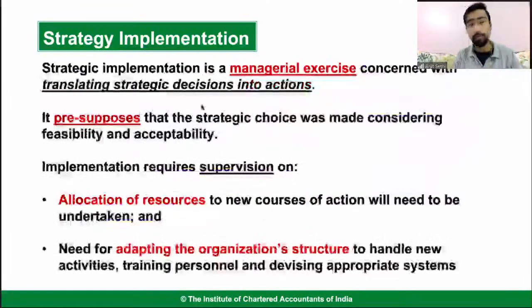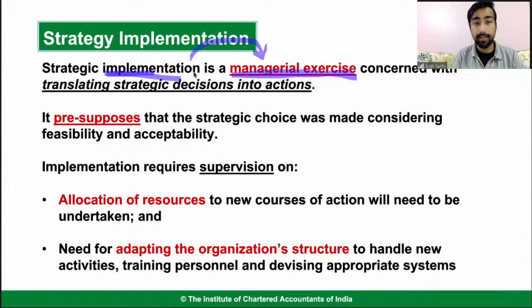Okay, cool. Now, strategy implementation is a managerial exercise. That means implementation is done by managers, right? Implementation, this might come as a question. Implementation is done by managers. It's a managerial exercise concerned with translating strategic decisions into actions.